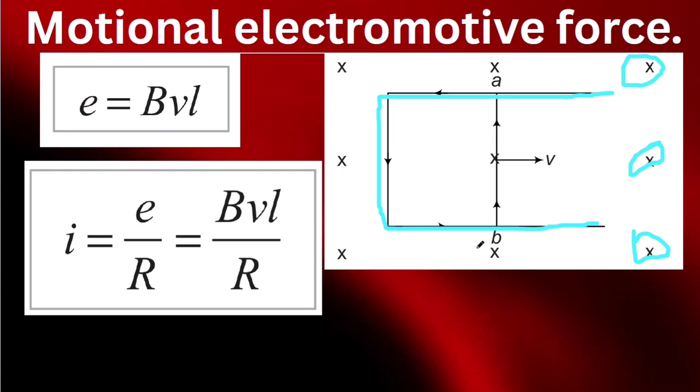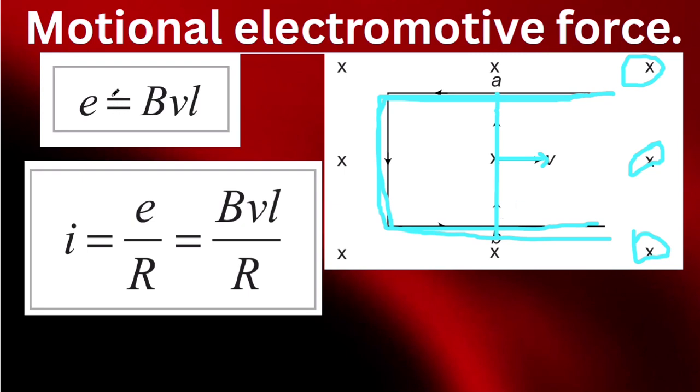So these magnetic field lines are entering into the paper, and there is a U-shaped loop, and there is a conducting rod of length L which can slide throughout this loop. Now the rod of length L is moving with velocity v in this magnetic field. Then what will happen? It will make a closed circuit here, this rod.